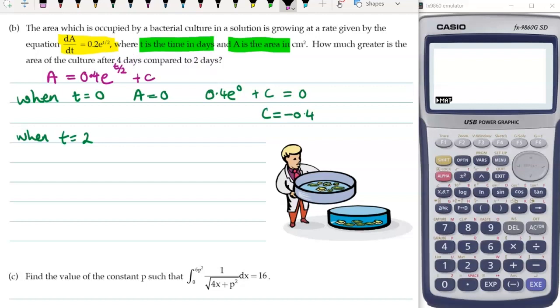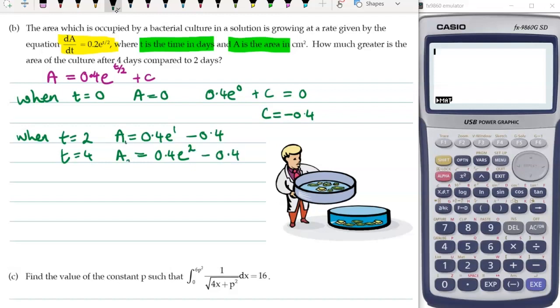Let me just move that out of the way. Then we've got the area will be 0.4 e to the 1 minus 0.4. When t is 4, the area equals 0.4 e to the 2 minus 0.4.